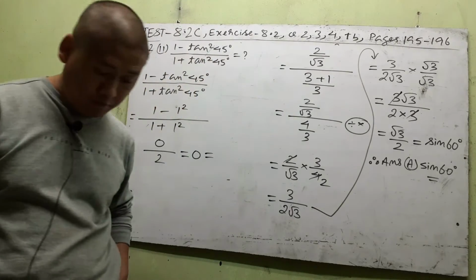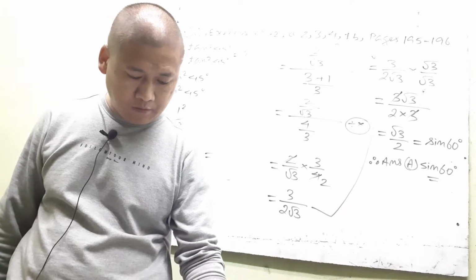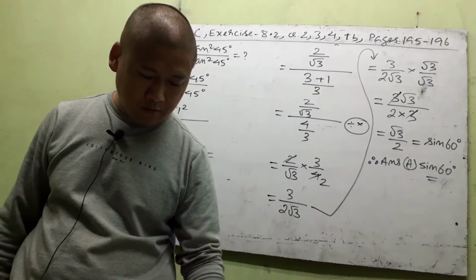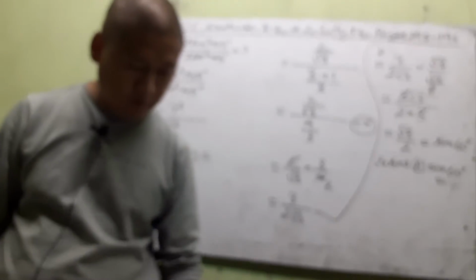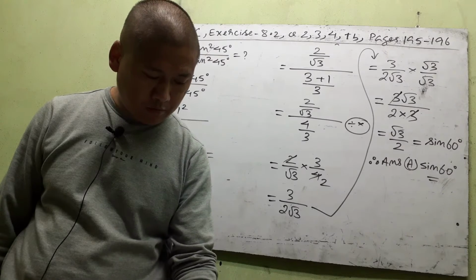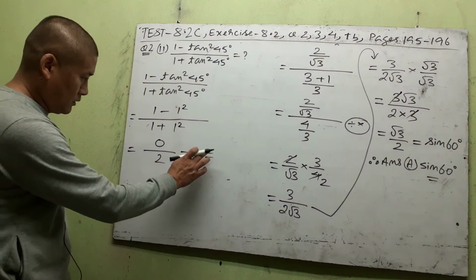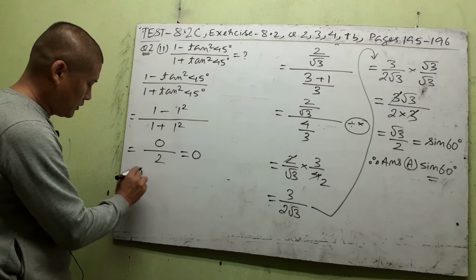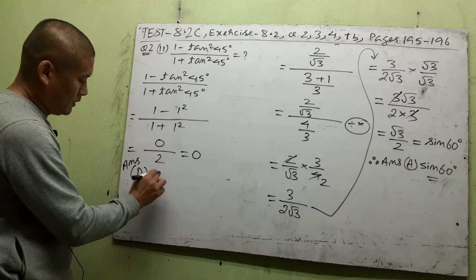So the answer is 0, and the answer choices there are sin 90, then B is 1, then sin 45, and so on. So D is 0. So our answer is 0, and it is matching option D. So our answer is D, which is the 0.